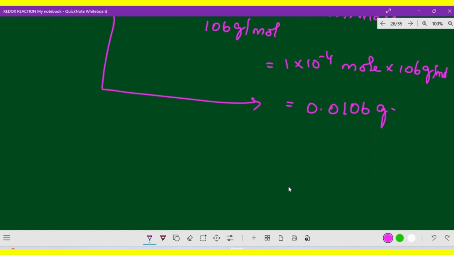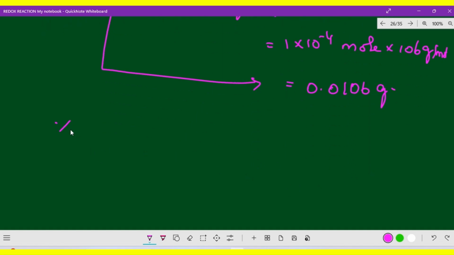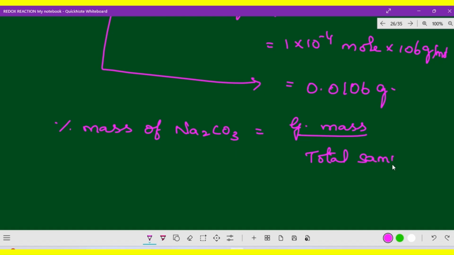Now percentage mass, we go for it. So percentage mass of Na2CO3, that is given mass divided by what it is in the question, the total sample mass, right?